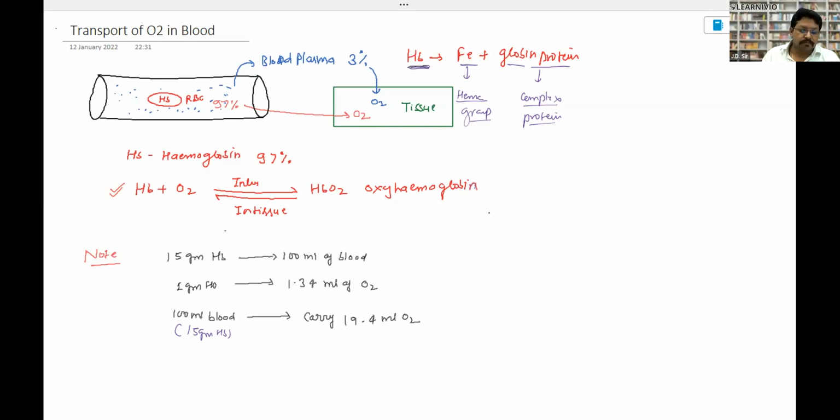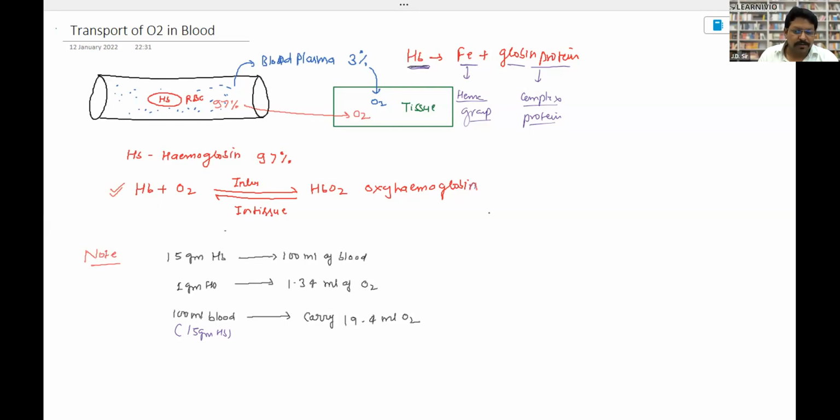How much oxygen is transported through 1 liter of blood? 1.34. How much? Oh, come on. 19.4 ml is transported through 100 ml blood. So how much will be transported from 1000 ml blood? 194 will be the answer. Come on.